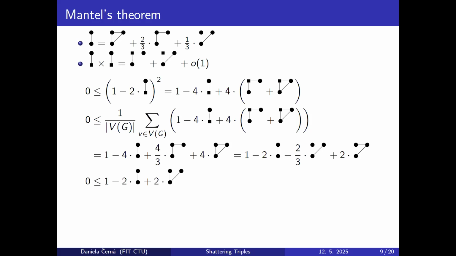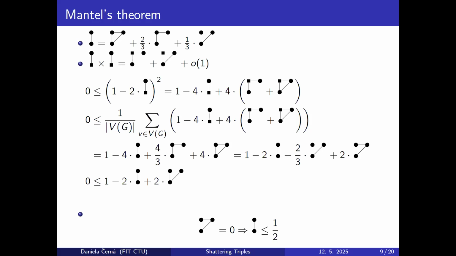So I can forget about it to get this inequality, plus little o(1). And now Mantel's theorem says that if I have no triangle, so this will be 0 because density of triangles will be 0, I will have the density of edges is at most 1/2 plus the little o(1) I haven't written.